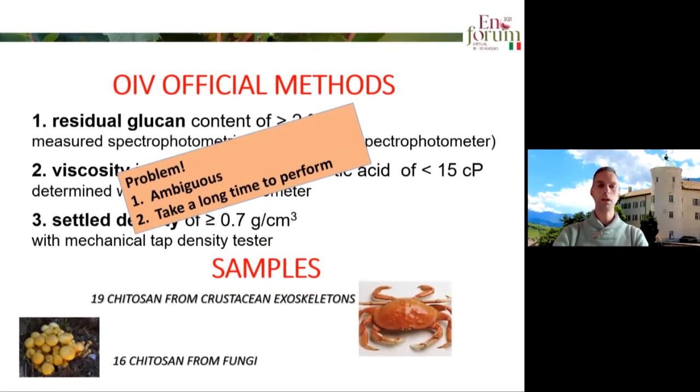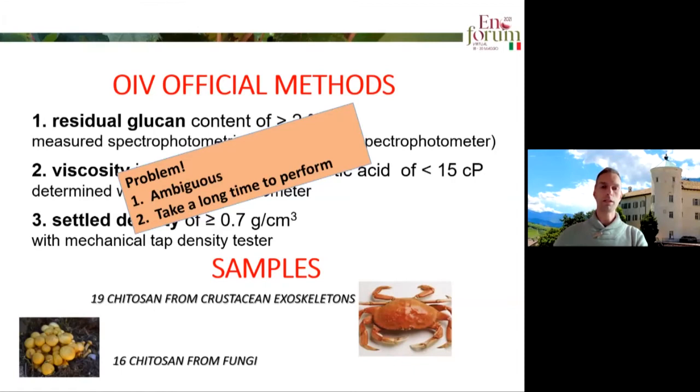For this reason, we thought that we should test the isotopic method in order to develop a rapid and innovative method that can identify rapidly the fungal origin of chitosan.